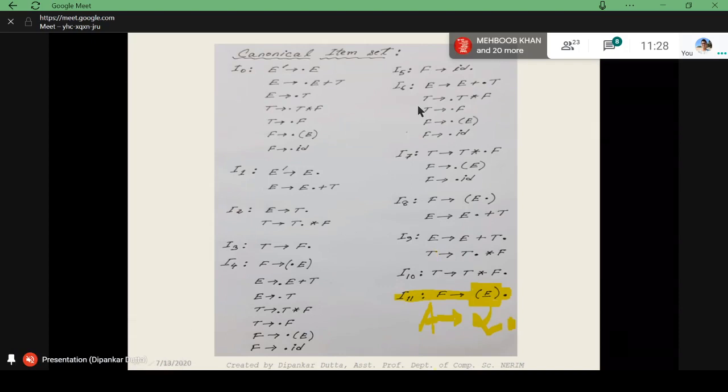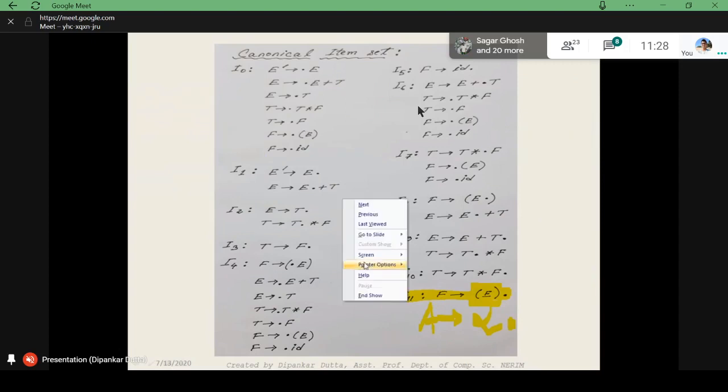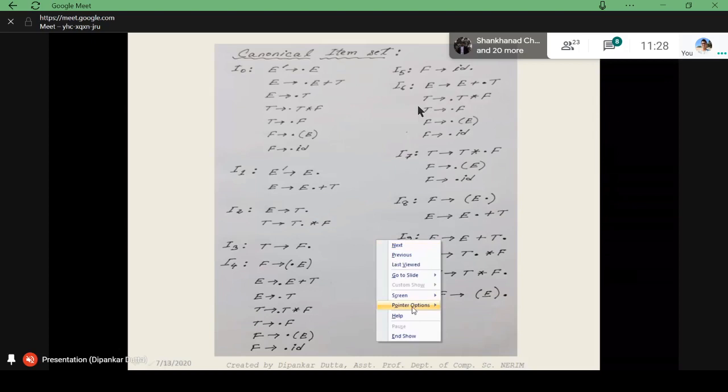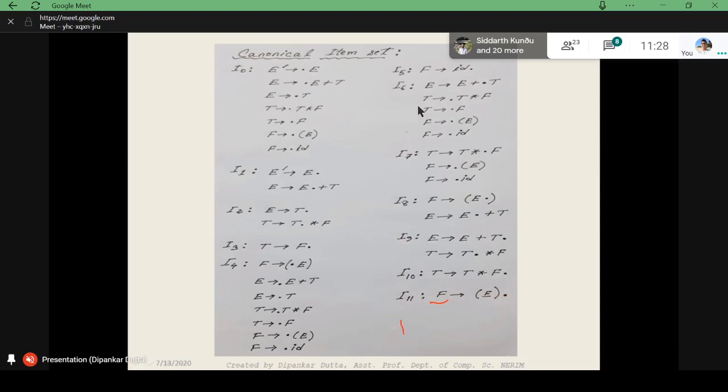So A implies alpha dot. Now what is capital F, so what are the follow symbols for capital F? We have already seen it. Follow symbols for capital F were plus, star, right bracket, dollar.